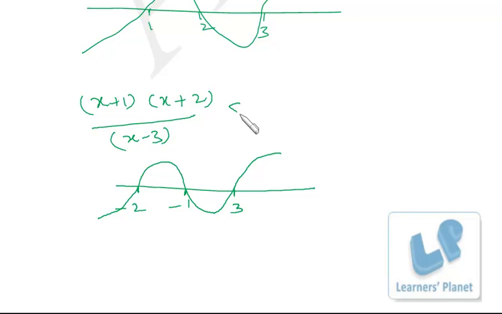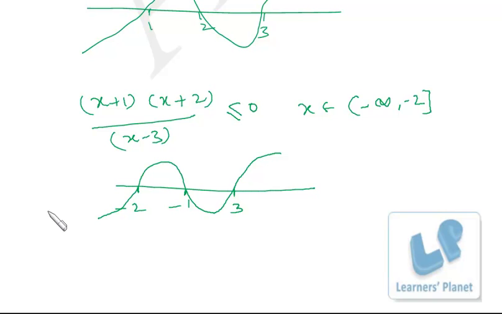If you want it to be less than or equal to 0, then what is the range? That is x belongs to minus infinity to minus 2, because this portion is below the number line. You want the equal to sign, that's why minus 2 will be included, right?